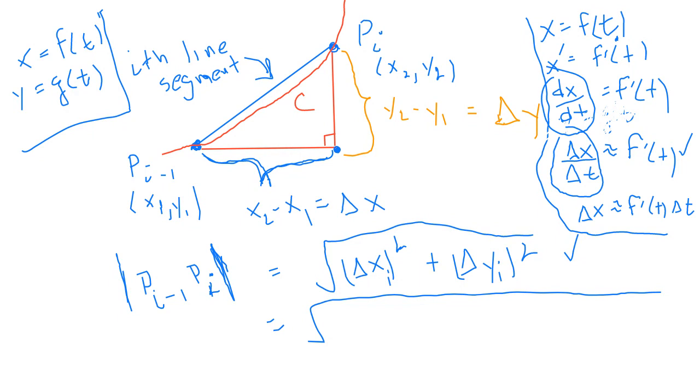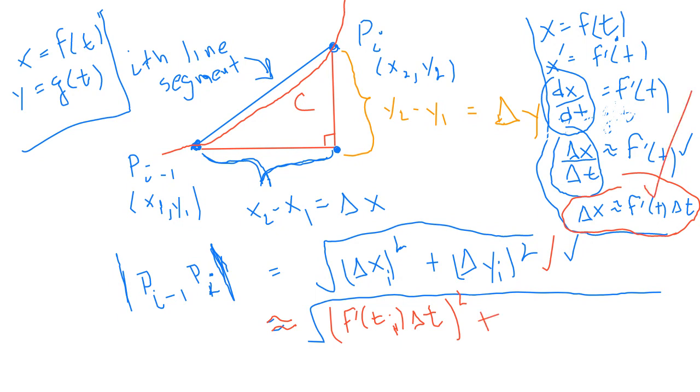With this result, we can say that the length of our line segment, which by the Pythagorean theorem is the square root of the sum of delta x squared and delta y squared, can have delta x_i replaced with f prime of t_i times delta t, squared, by virtue of this formula.